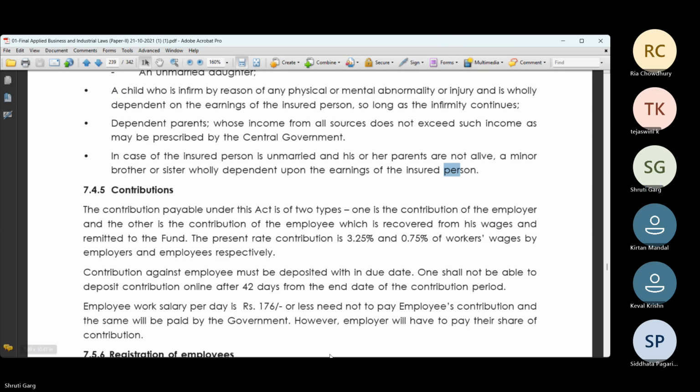Yes, please. Who wants to speak? Siddharth Pagaria, yes, please. If you are not able to speak, then you may write. I think your mic is muted by the institute, no? No question?